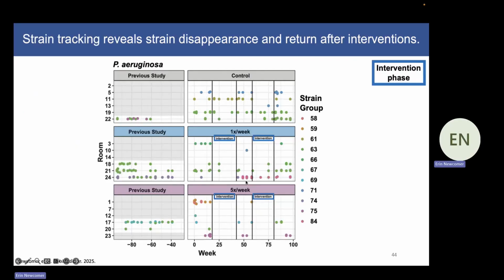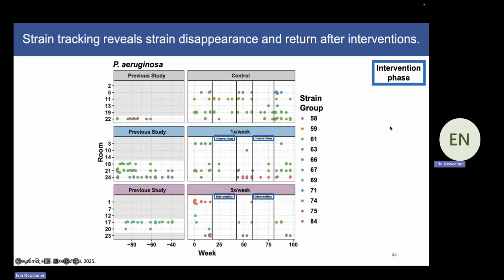In particular, I think it's interesting that in the control rooms, you see the same strain groups throughout the course of the study, no strain replacement really being observed. But in these intervention rooms, you can see different strains showing up at times after the intervention has been stopped, potentially replacing the strains that were once in those sink drains.